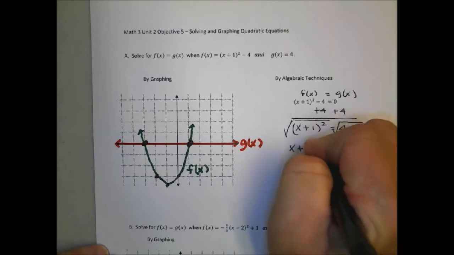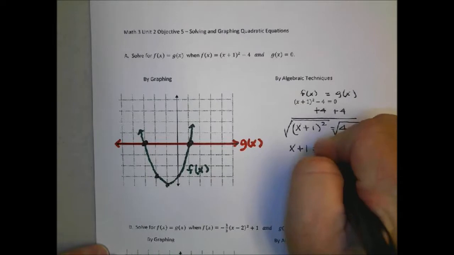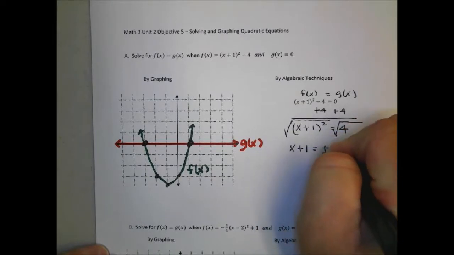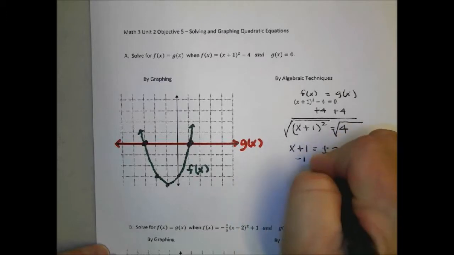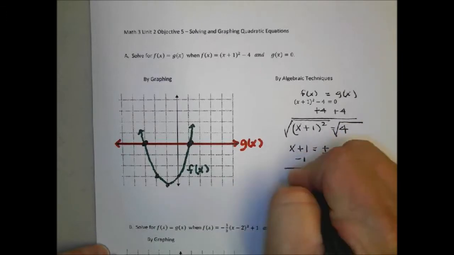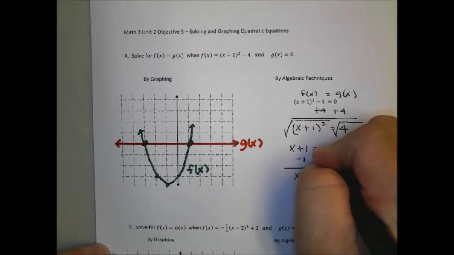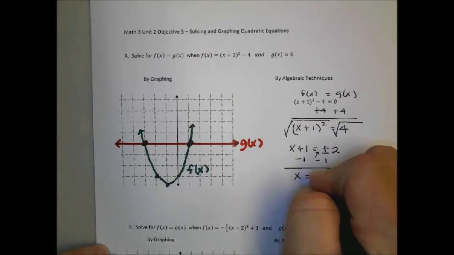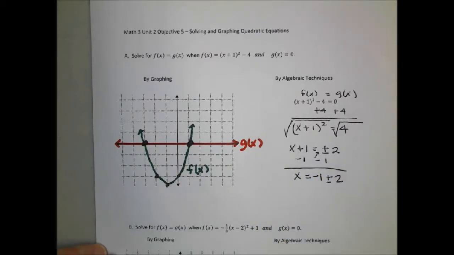So x plus 1 equals, now the square root of 4 is not simply 2, it's plus and minus 2. Now, I'm going to subtract 1 to get x by itself. X equals -1 plus and minus 2.